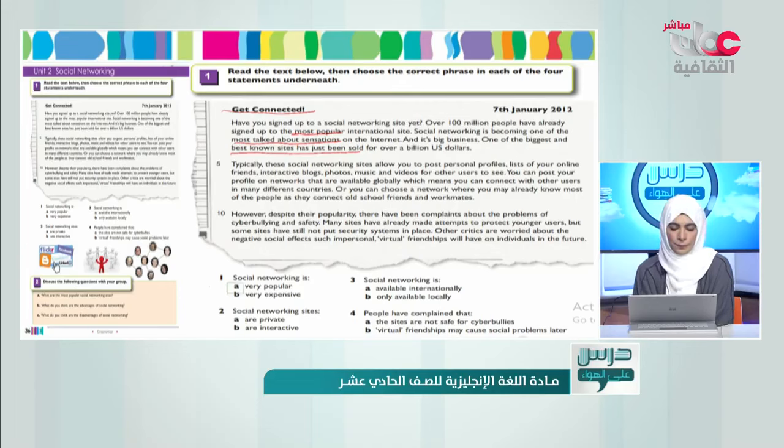Look at 2. Social networking sites, are they private or interactive? What do you think? Private means isolated. You can post your pictures, your own stories, post things without being seen by others. Interactive means to be connected with others. You can share with different groups of people or with different sites.